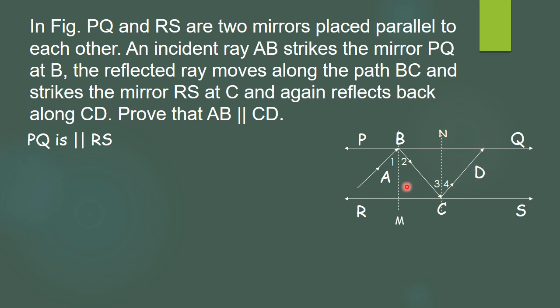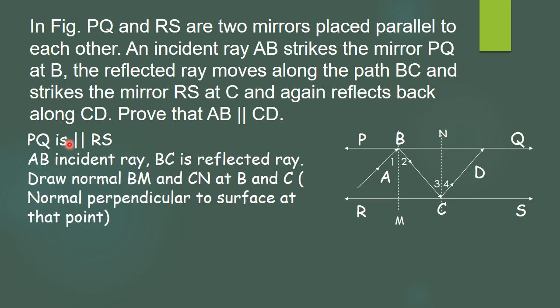Now for that, first we have to draw the normals BM and CN. This is the construction we have to do. Now first AB is an incident ray and BC is a reflected ray, while BC becomes an incident ray for the second mirror, and then CD becomes a reflected ray.